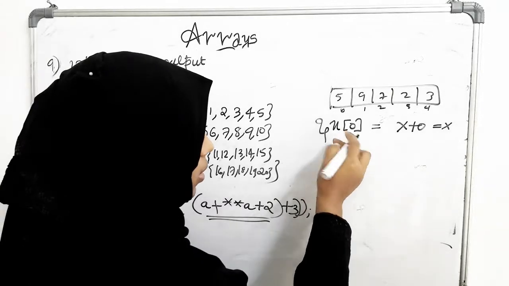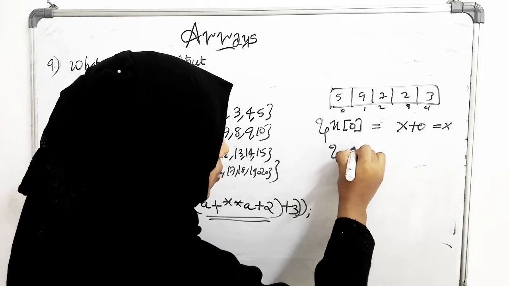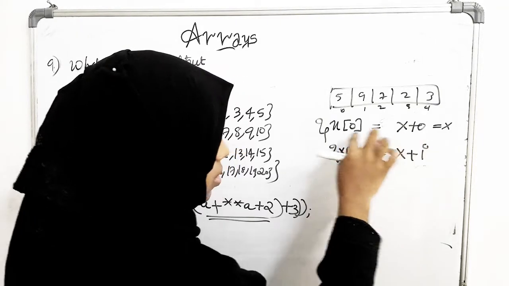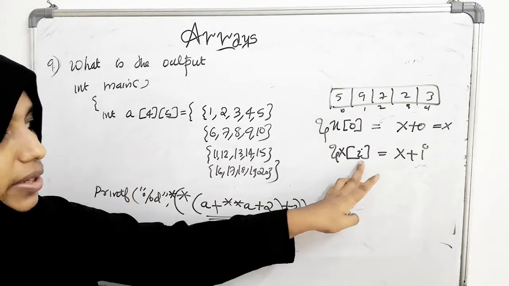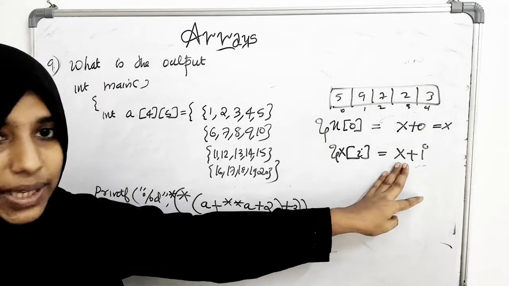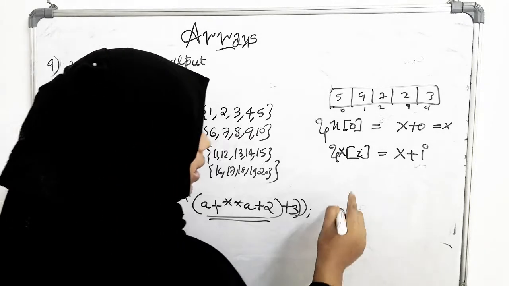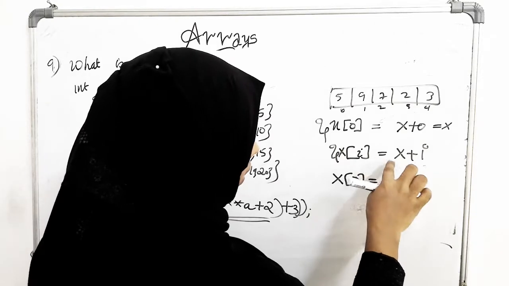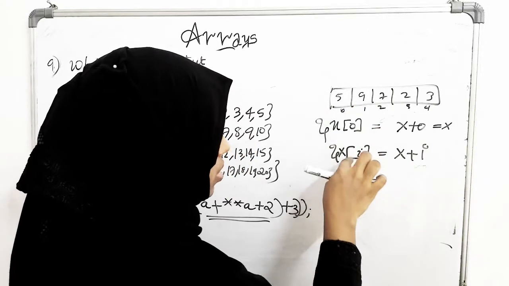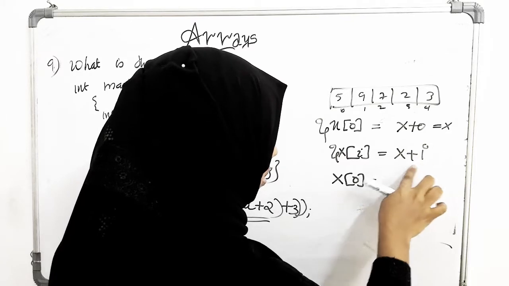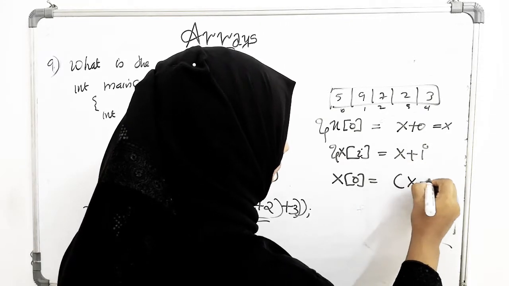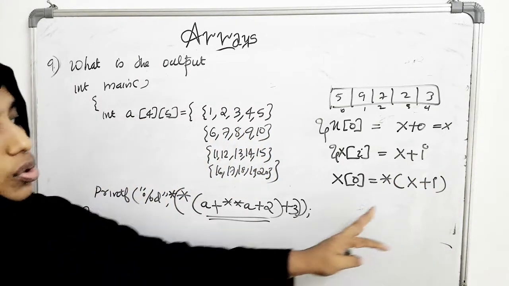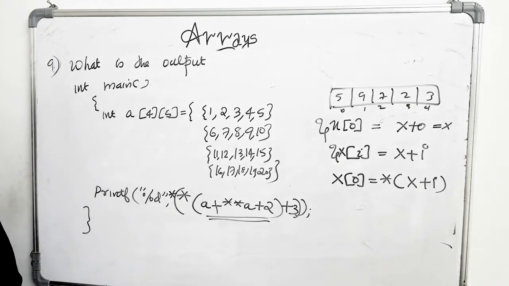Now ampersand x of I is equivalent to x plus I, because for 0, 0 has been added. So ampersand x of I is equivalent to x plus I in pointer arithmetic. And again, you know that x of 0 is the value 5, isn't it? To get the value 5, you can either use x of 0, or, if you are using this representation, this is an address. To retrieve the value at a particular address, you can use the star operator, the asterisk operator. So star of x plus I gives you the value.